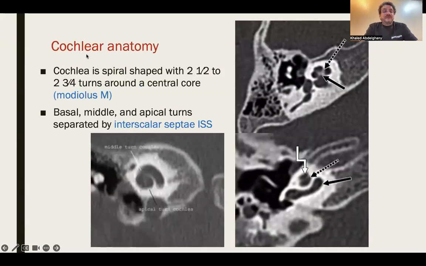The cochlear anatomy is spiral-shaped, 2.5 up to 2 3/4 turns around the central core of the modulus, as I mentioned, and the basal, middle, and apical turns are separated by the interscalar septi. As you can see here again, these are the bony septi between the turns.